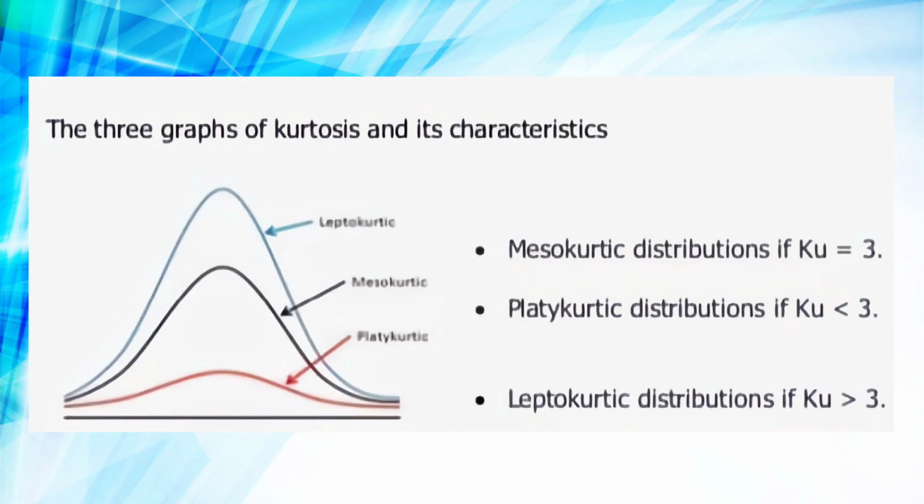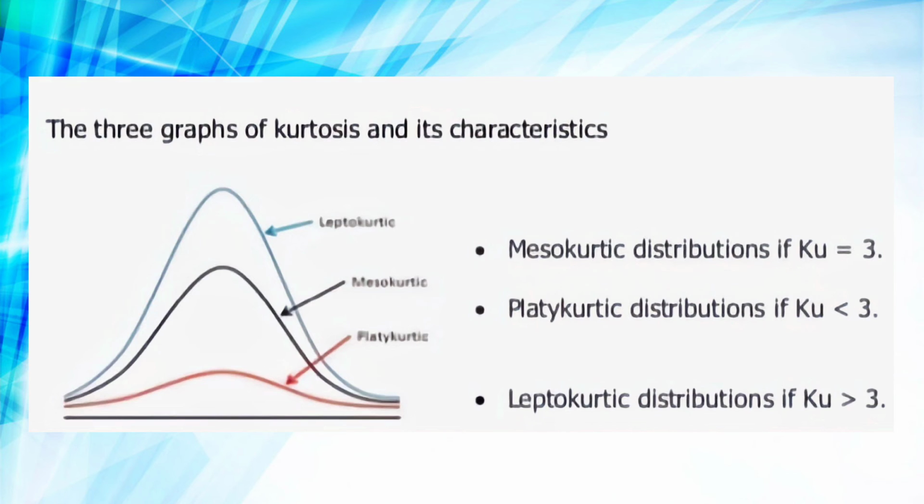Here are the 3 graphs of kurtosis and their characteristics. The first graph is what we call the leptokurtic distribution, if Ku is greater than 3. The second graph is what we call the mesokurtic distribution, if Ku is equal to 3.